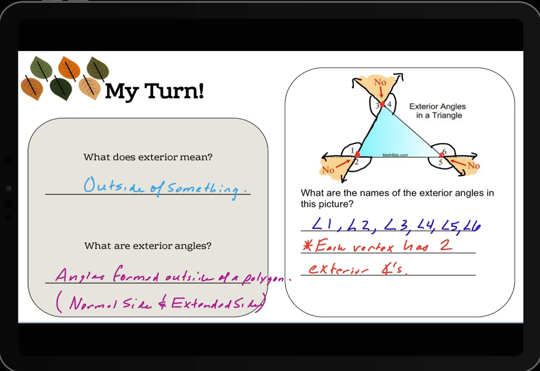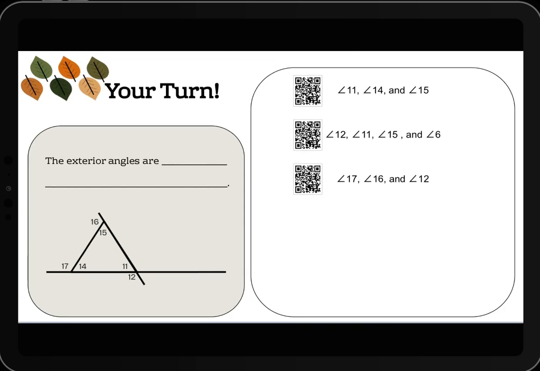So what I would like you to do is pause the video and see if you can select the correct option for what the exterior angles are in this case. You should have selected this last one here. If you look at 7, I can extend this side and I can create that angle there between that normal side and the extended side.